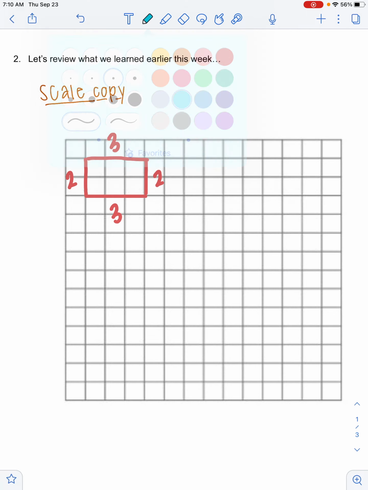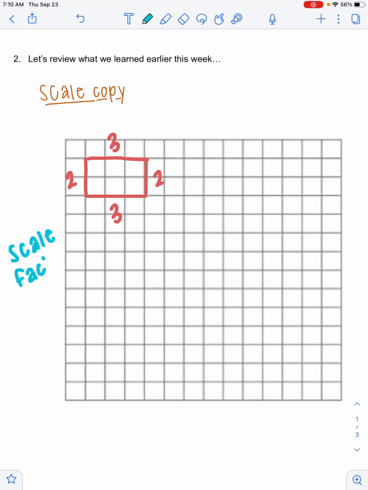If I have a scale factor of 2, that means that I need to multiply every side in my rectangle times 2, and I can produce a scaled copy. So my side that's 3 becomes 6, my side that's 2 becomes 4, and same with the other sides that were 2 and 3, they become 6 and 4. And now we have a scale copy.